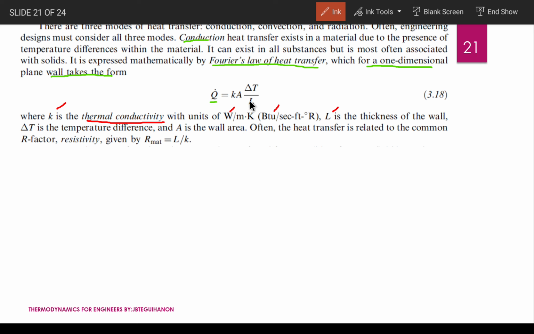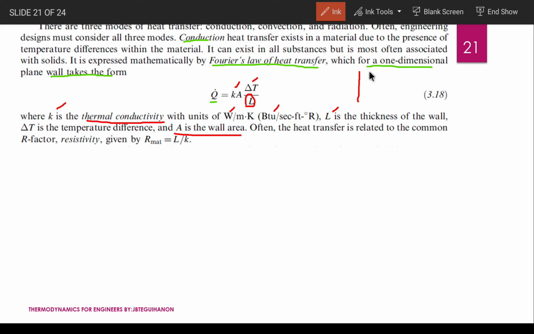Okay, ito yung L sa baba. Ito yung K. Tapos yung delta T is the temperature difference, yun sa taas. And A is the wall area. Ang sinasabi niya lang, kapag ini-illustrate natin, mayroon kang wall.